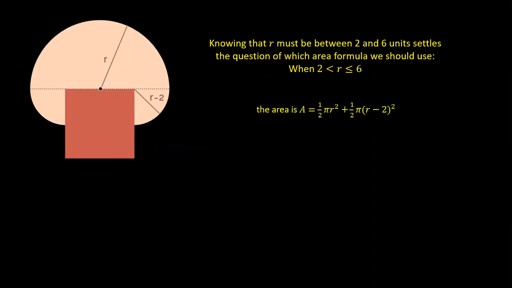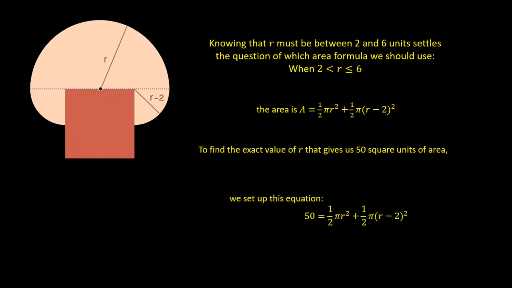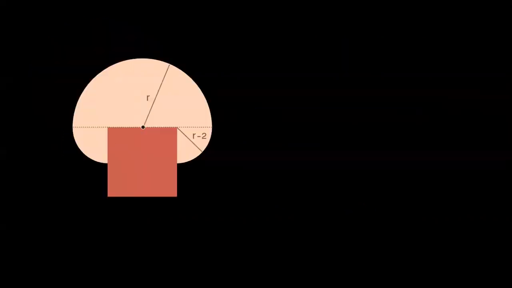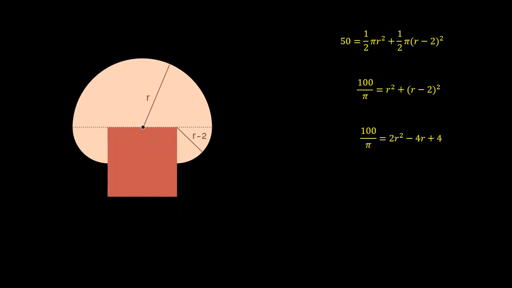The area is this. To find the exact value of r that gives us 50 square units of area, we set up this equation. We can solve it by this method. We expand r squared plus (r minus 2) squared, and it becomes 2r squared minus 4r plus 4.